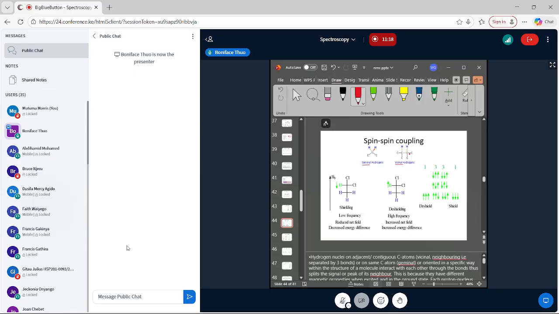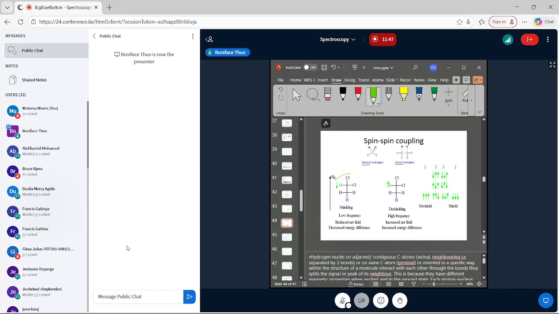Different hydrogens are able to couple and split the spectrum of each other. In other words, if you consider a case of dichloroethane, you can see that we have hydrogens which are in two different chemical environments.